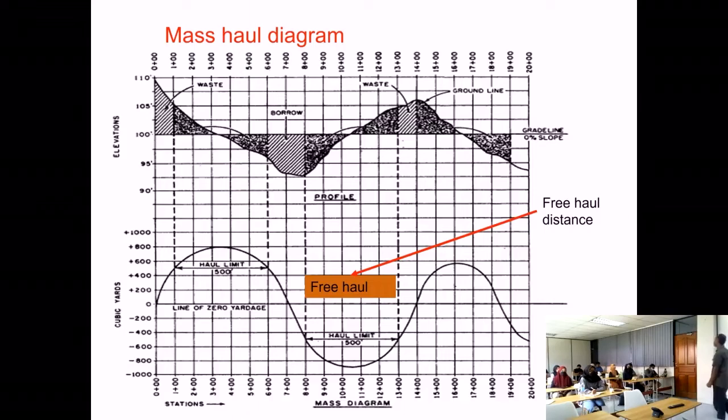In between there will be an area not covered by the free haul. This uncovered area is counted as borrow if it is a fill area, and waste if it is a cut area. So that's how we know where to remove the soil and where to keep the soil. You can plan who to sell this soil to, who wants this soil. You know already. Your friend has a business and gets information.